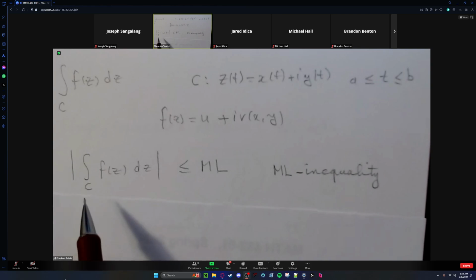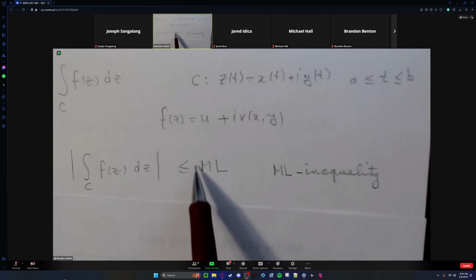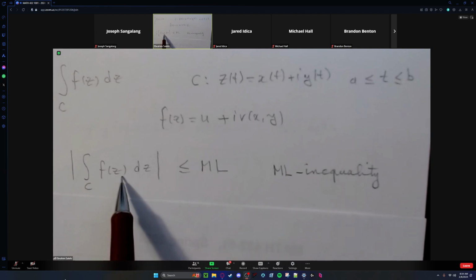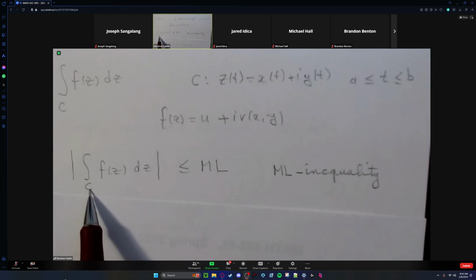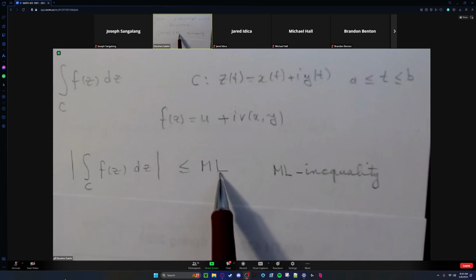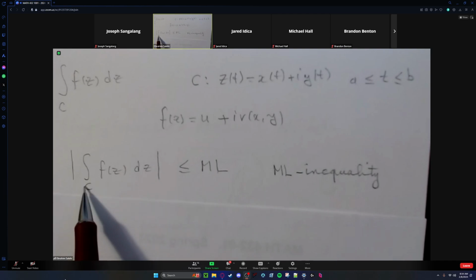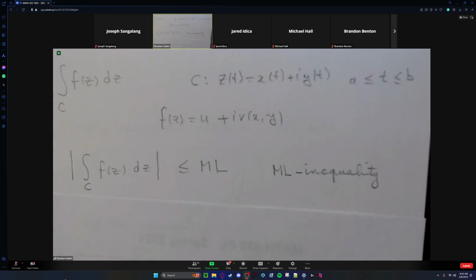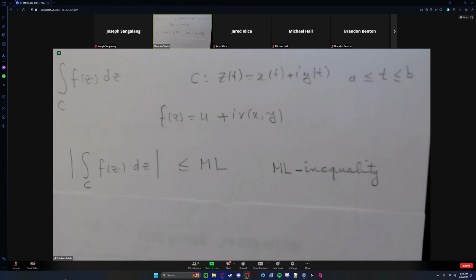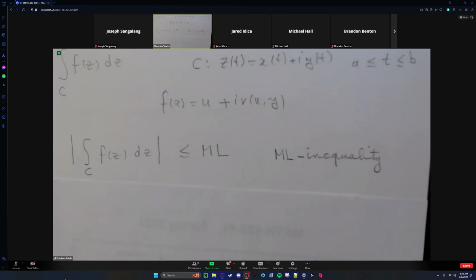When you are integrating over this curve, M is the upper bound of the modulus of f of z on that curve, and L is the length of this curve C, okay? I gave you an example last time, so I don't want to spend a lot of time on it.